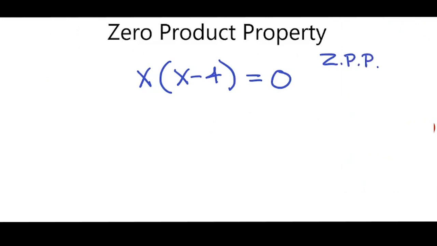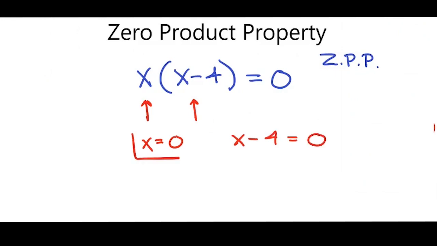And what that says is that one of these factors must equal 0. So what I can do is I can set them both equal to 0. So x equals 0 and x minus 4 equals 0.